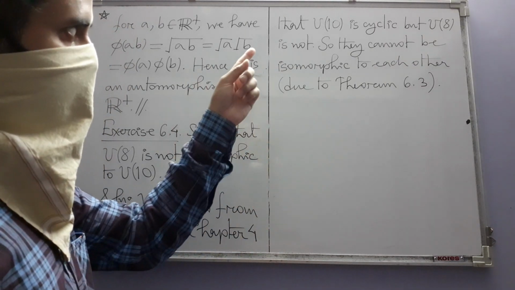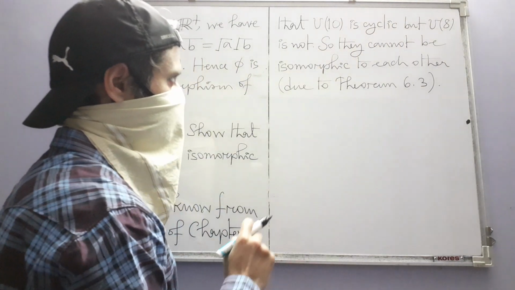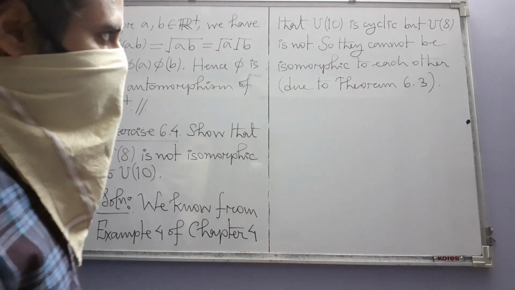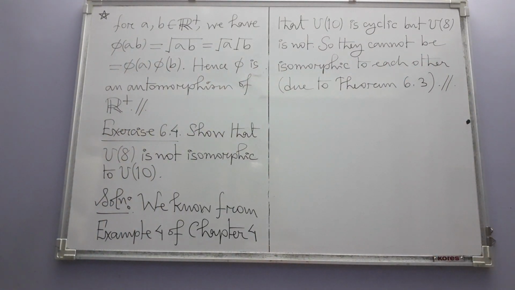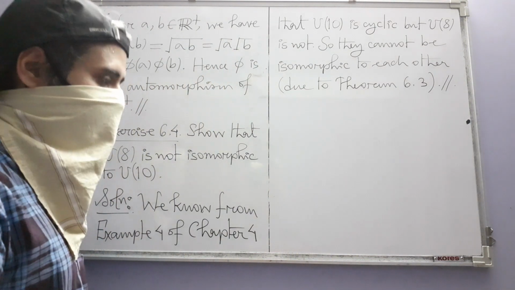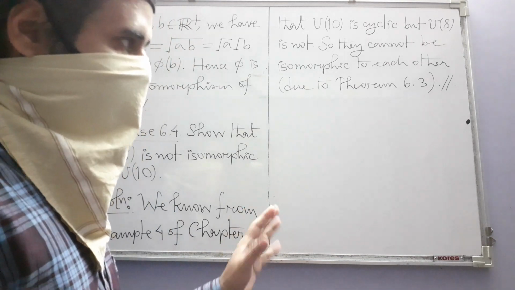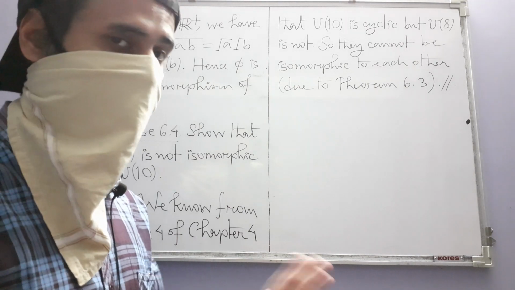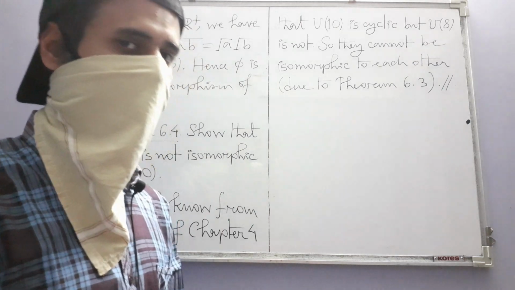So because of that, and because of the fact that this is not cyclic but this one is, they can never be isomorphic. There can be no such isomorphism. So that is the solution. That means they are really distinct as groups. They are not the same group disguised in different forms. That's not the case here. They are actually group theoretically also distinct.